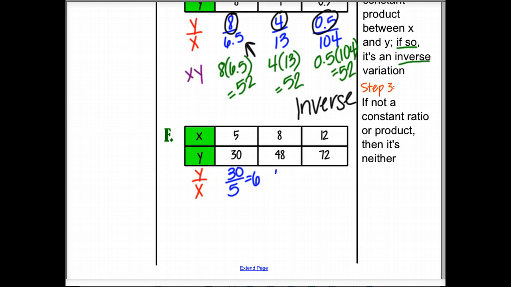Then I get 48 over 8, which is also 6. And I get 72 over 12, which is also 6. In this case, I see that we have a direct variation, and therefore we don't need to go any further to check if it's an inverse variation, because we know it is direct.